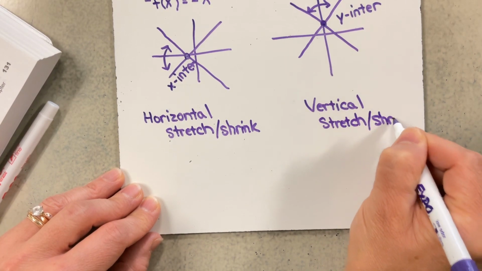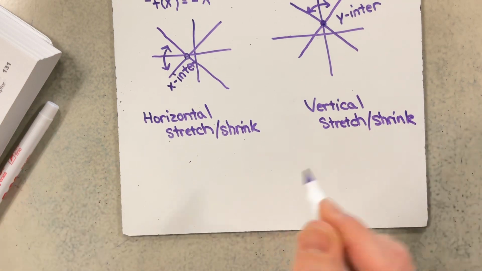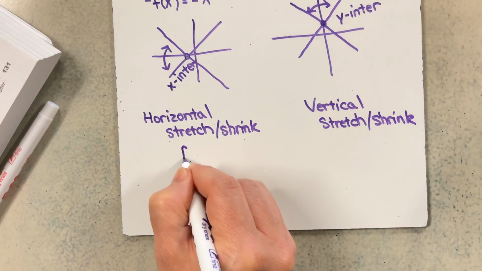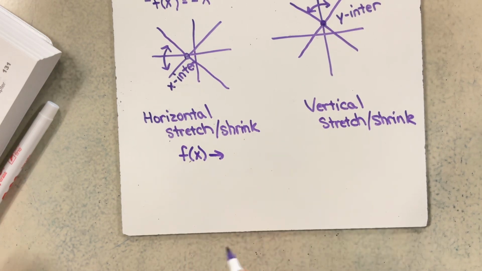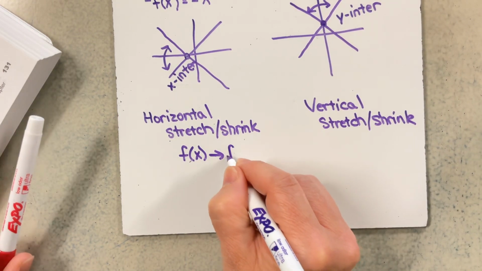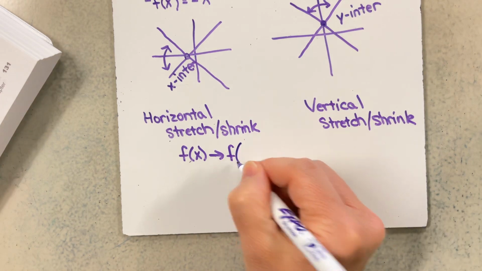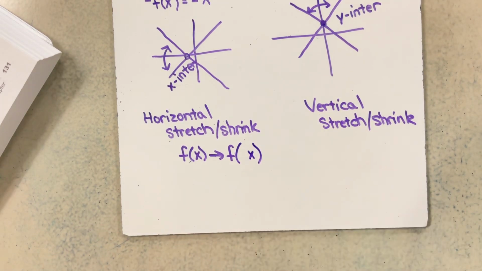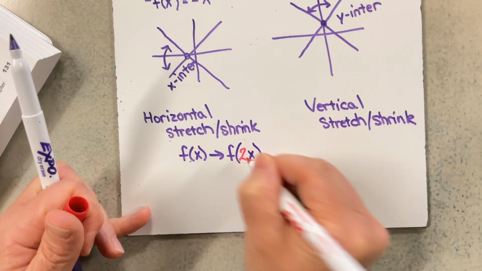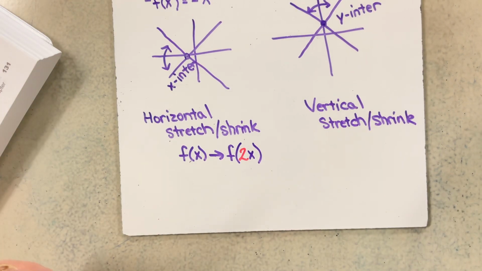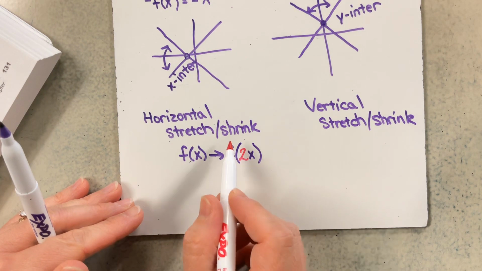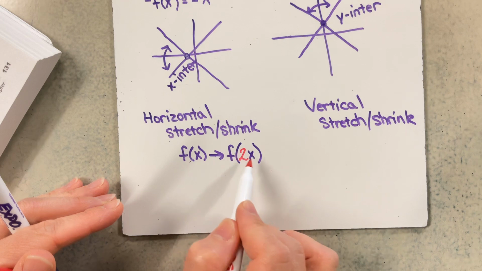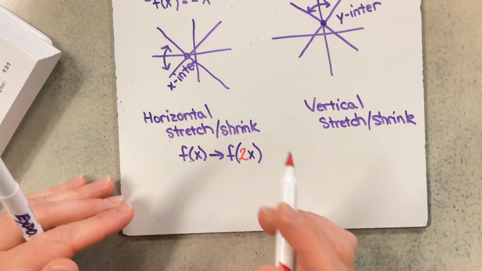Now, what we're looking at for these is, this one says f of x, but then we are going to turn it into, it's still going to be the f, but instead of the x being left alone, I'm going to multiply it, let's say by a 2, okay, some number. Now that number tells me I'm horizontal. When it goes inside, I'm horizontal. I'm either a stretch or shrink.